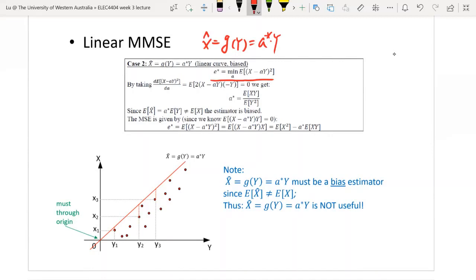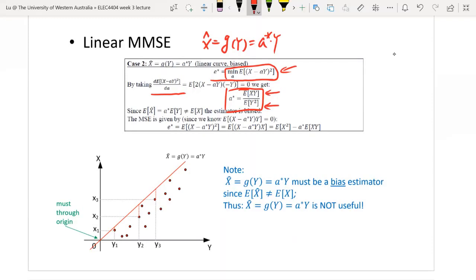Because if you want to minimize such mean square error, the derivative of this thing must be equal to 0. Of course, it needs a couple of mathematical derivations, but finally, we can find the result of A star, the best A, which can give us a minimum mean square error. The best A is the expectation of x times y divided by the expectation of y squared. Okay, this is A star.